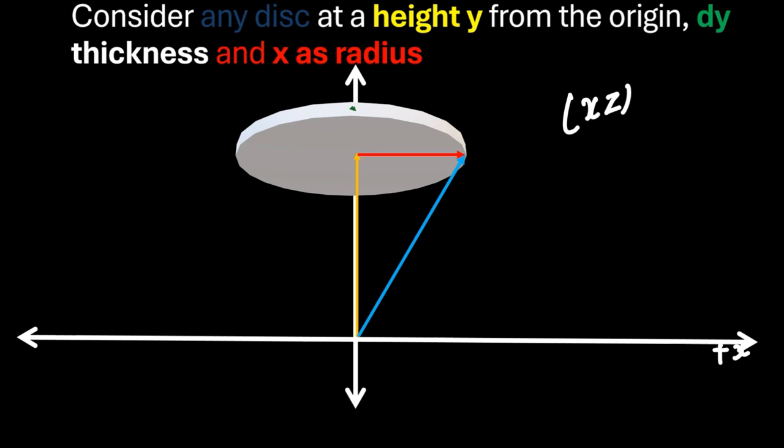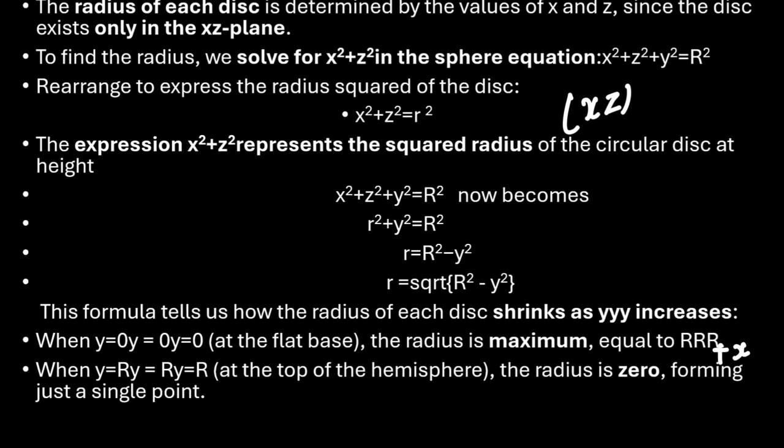The equation of a circle along the xz axis becomes x square plus z square is equal to r square. Why? Because x minus 0 square plus z minus 0 square becomes r square. Yeah, a lot of things on the board right now. I do understand the difficulty in this, so write this along with me. x minus 0 square plus z minus 0 square is equal to r square is the equation of a circle, the equation of a disk which is lying on the xz plane.